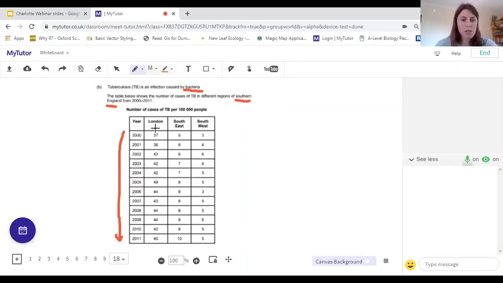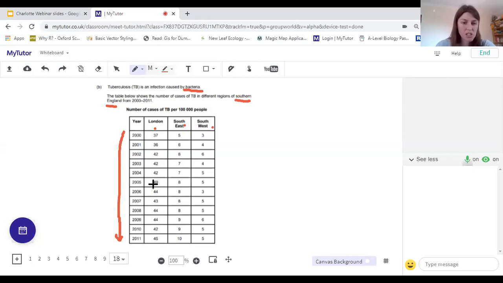Then across here, we've got cases in London, the South East, and the South West. Looking at the table in general, we don't need to pay too much attention, but just notice some trends. There's always more cases in London, which makes sense. London has more people in it than most places in the South East or the South West.